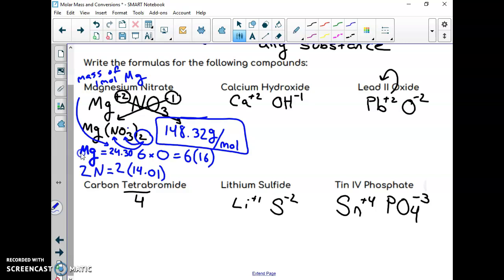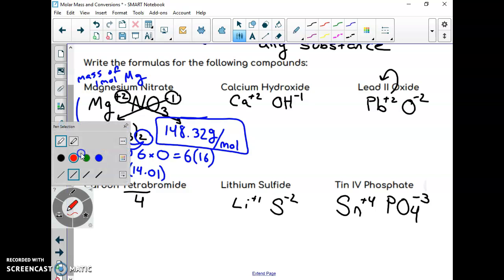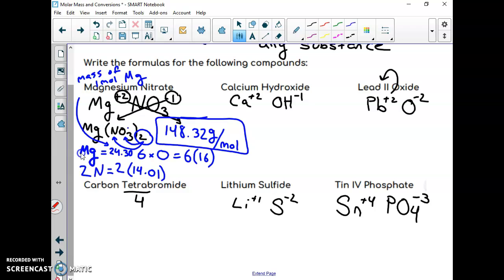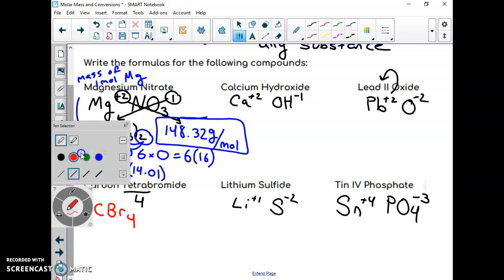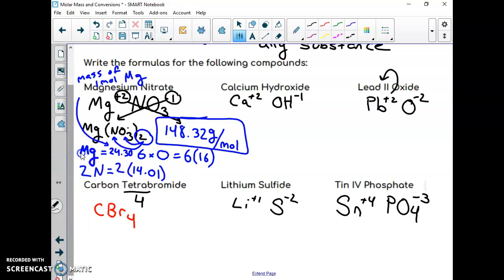So let's do a simpler one. One below it, if you got the formula, hopefully you did, for carbon tetrabromide. We have carbon, no prefix, just 1. Tetra means there are going to be 4 bromines. We don't have to worry about any parentheses or anything here. It's pretty straightforward. We have 1 carbon.